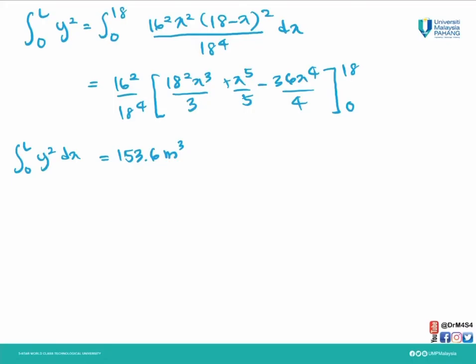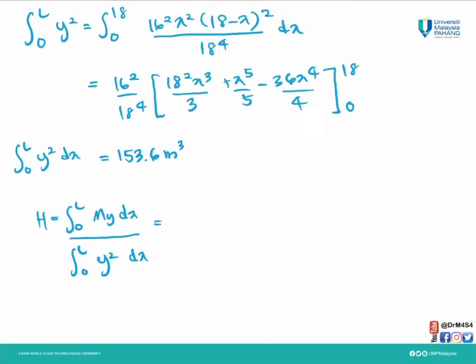So we have that value, so we can find our H. The formula for our H is the integration 0 to L of my dx divided by the integration 0 to L of y squared dx.